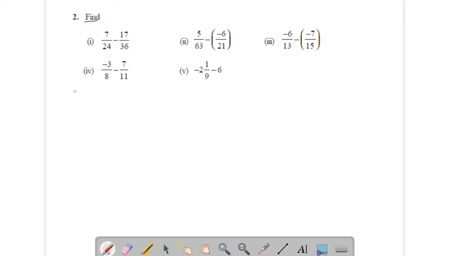Now come to the third part. Minus 6 upon 13 minus 7 upon 15. Here again denominators are not same. Take LCM.